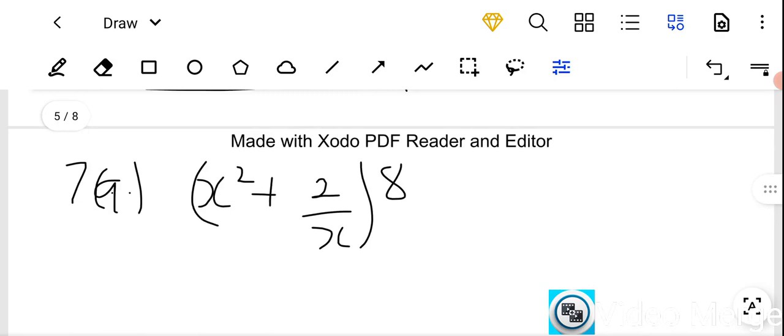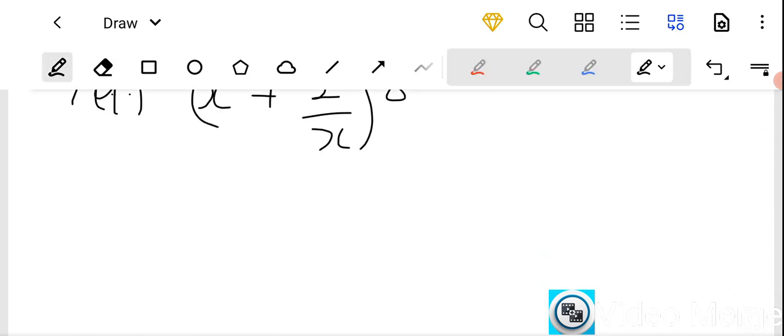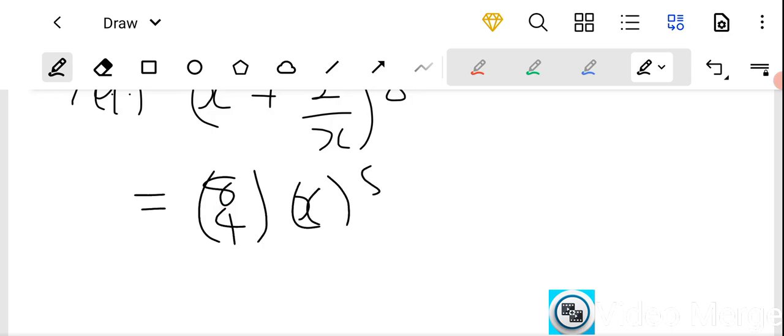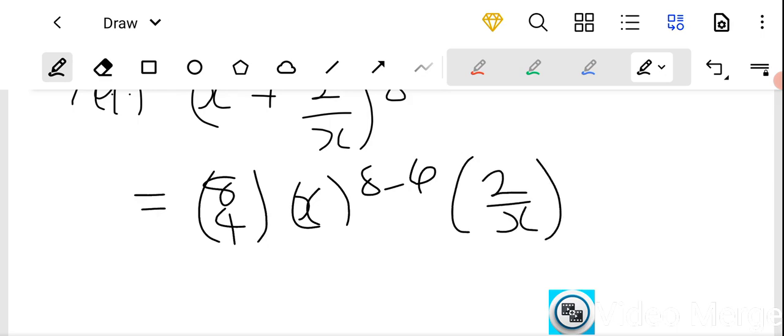There's no need to expand, because that would be time consuming. So it will be 8 choose 4, x to the power 8 minus 4, and then 2 over x to the power r, which is 4.